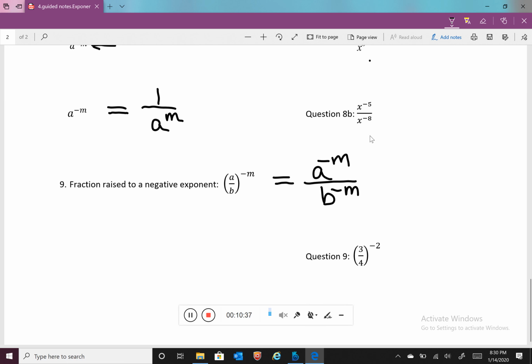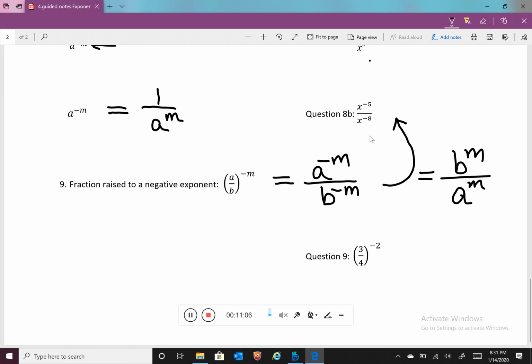This is very similar to the question that you were asked here, so if you got stuck on this one, you might be able to think about how to tackle this in the future. A to the negative m, that's not okay because we have a negative exponent, so I'm going to take that base and move it to the denominator to make the exponent positive. B also has a negative exponent, so I'm going to move that to the numerator.